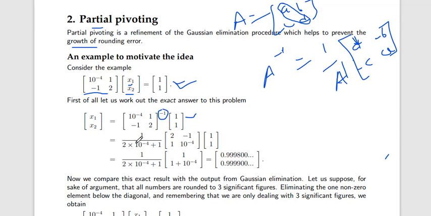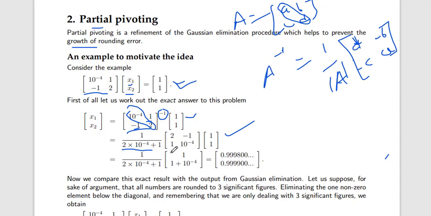Here also we do the same: the determinant of the A matrix, then the diagonal elements are swapped, and we change the sign of the off-diagonal elements, the 1 and 1 remain the same.